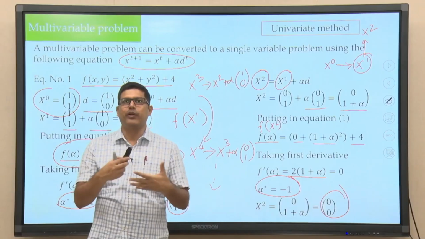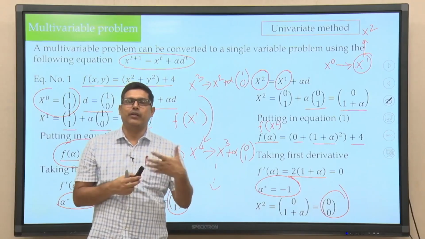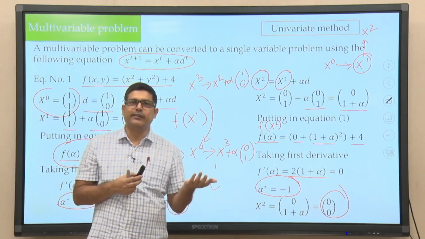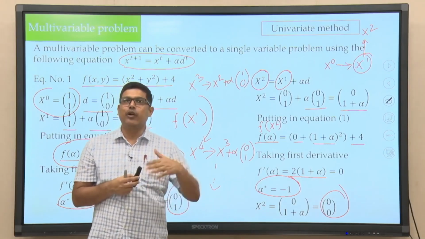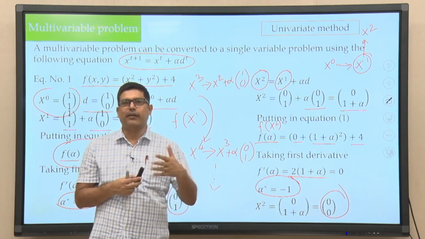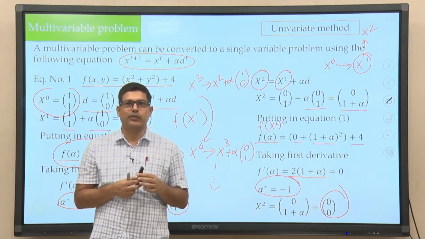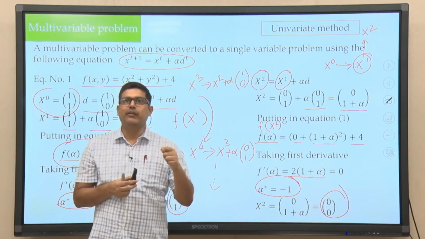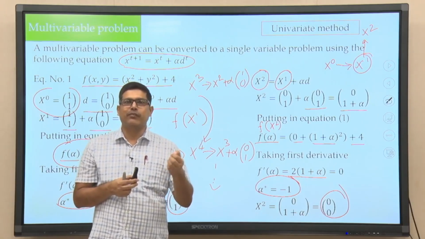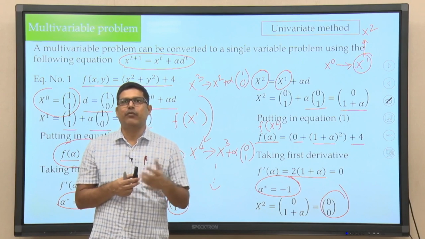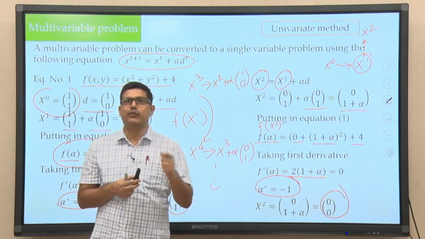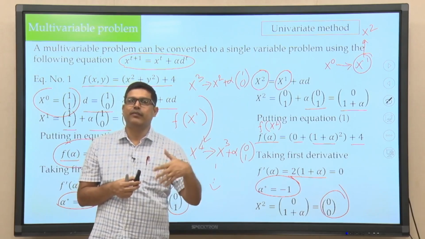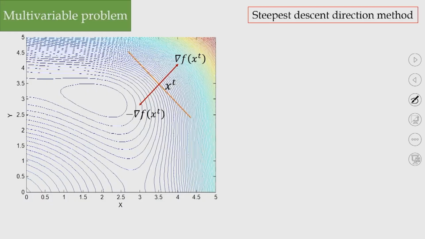That way we are repeating our iterations: x direction, then y direction, then again x direction, then y direction. You have to repeat this process until you get the optimal solution. And as I have mentioned, you can calculate the derivative after each iteration and check whether the derivative value is sufficiently small or not. Once it is small, you can stop your iteration.